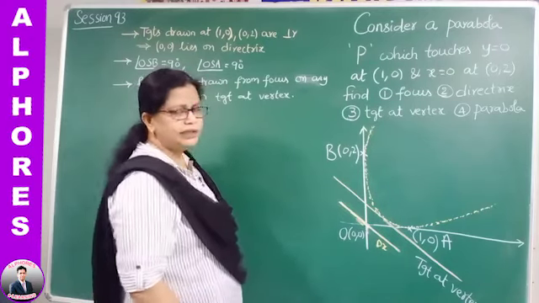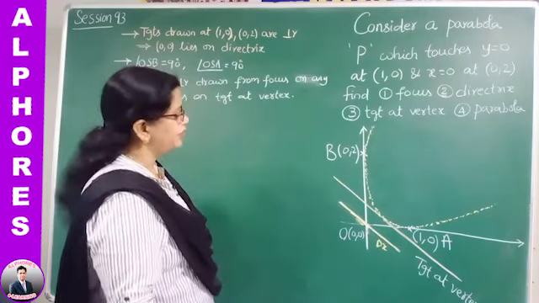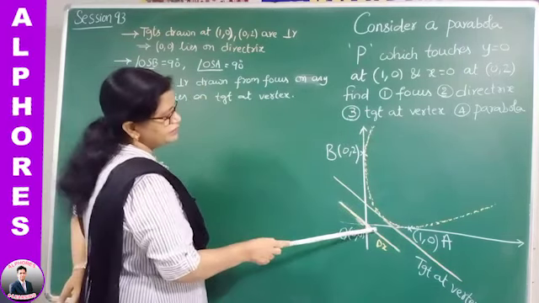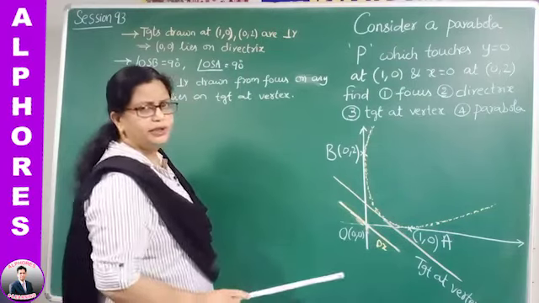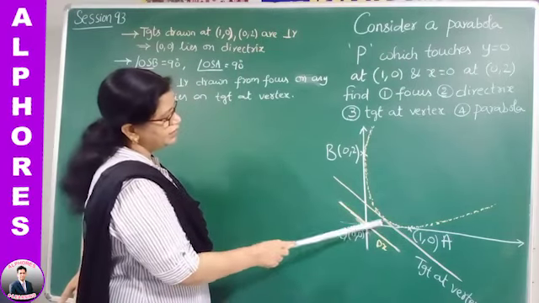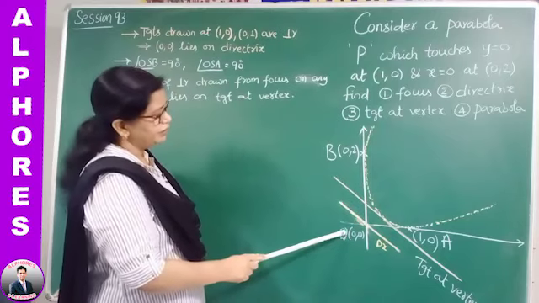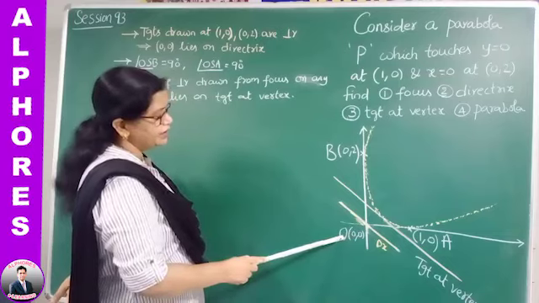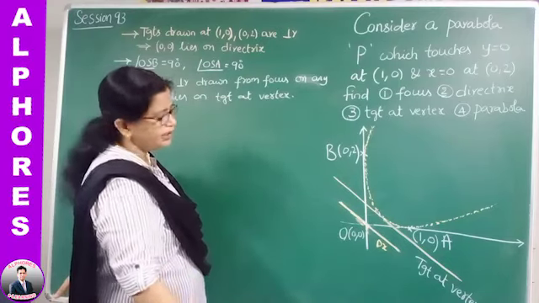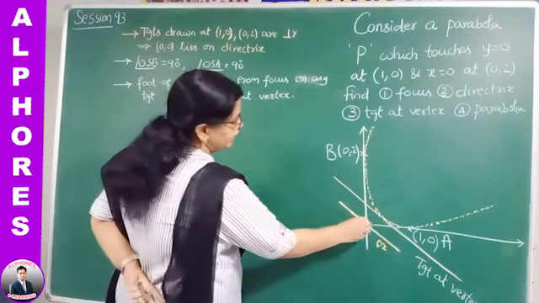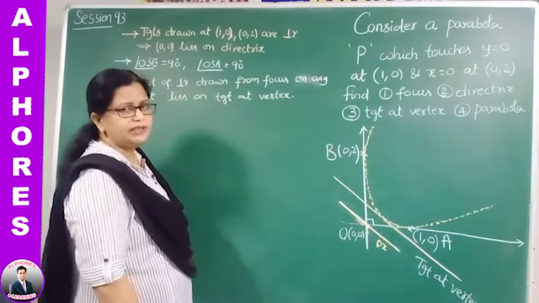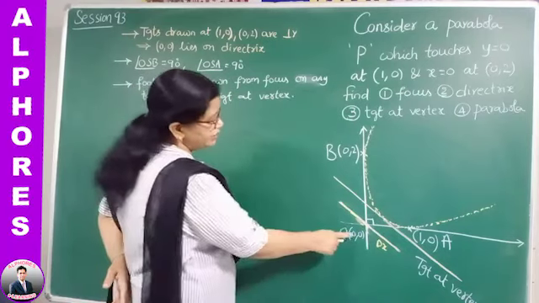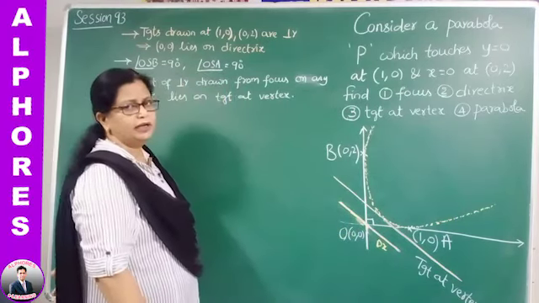Now how to find the different values? To that, observe here clearly, this is a tangent to the parabola and this one is also a tangent to the parabola. You know clearly these 2 lines intersect at the origin. Therefore the 2 tangents drawn at the points A and B are intersecting at right angle. Okay, these 2 tangents are exactly at right angle, and you know the concept, whenever these are intersecting at right angle, definitely the origin must be on the directrix.